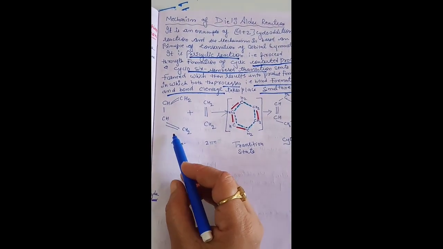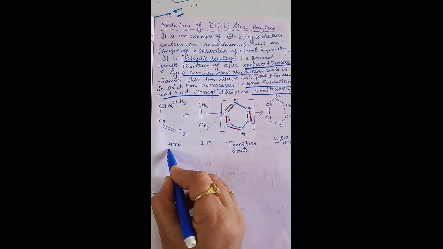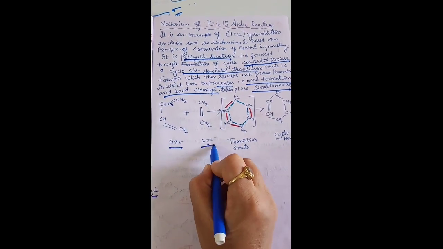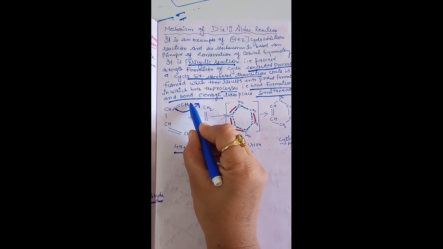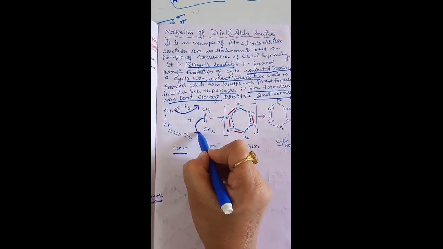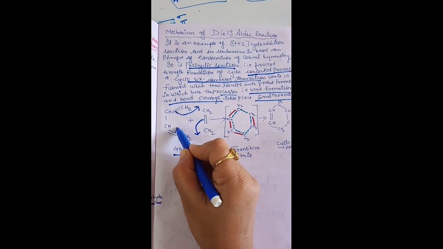So what happens here? We can just see this bond. We have taken one 4 pi electron system, butadiene, and one 2 pi electron system, that is our ethene. This bond will move here. So a bond formation starts here. Then this bond will move here. So again the bond formation starts between these two carbons, and this is transferred here.